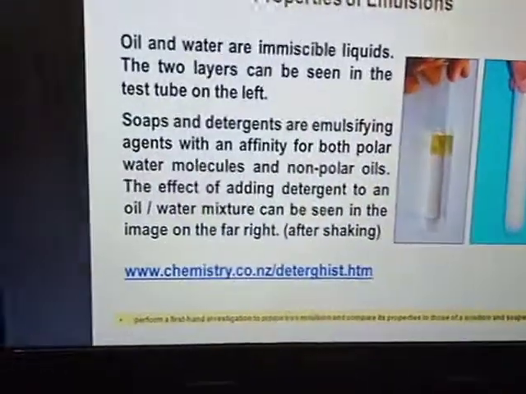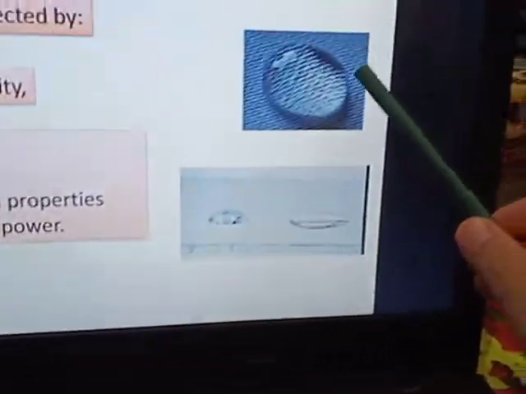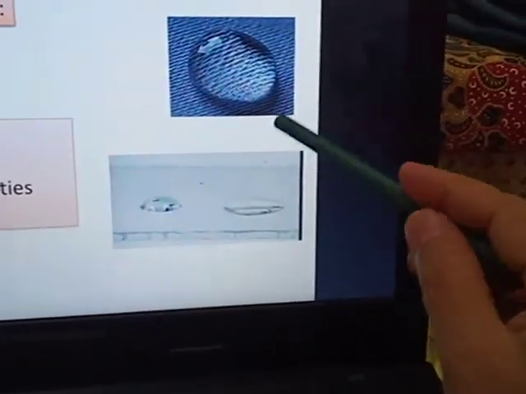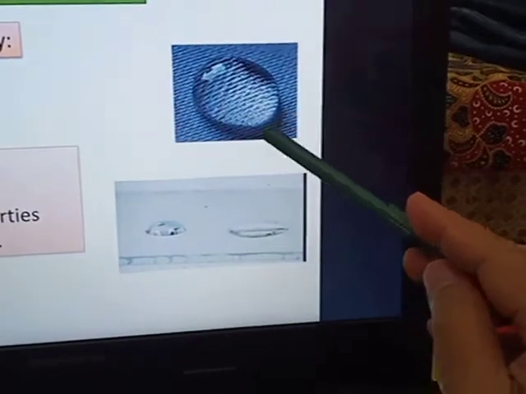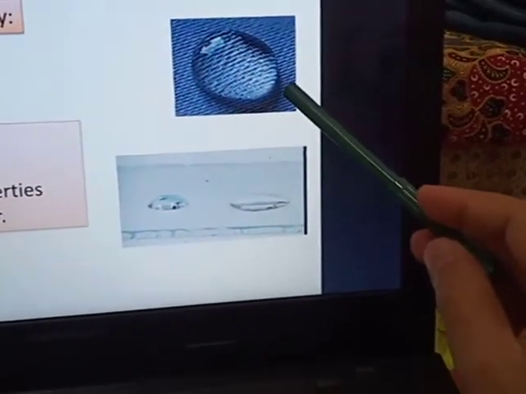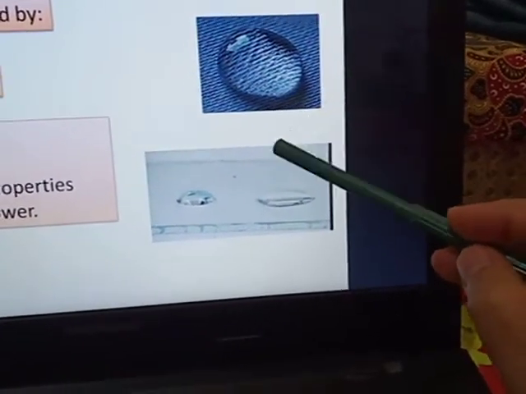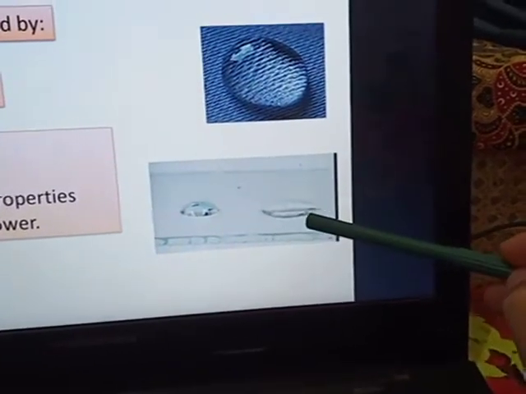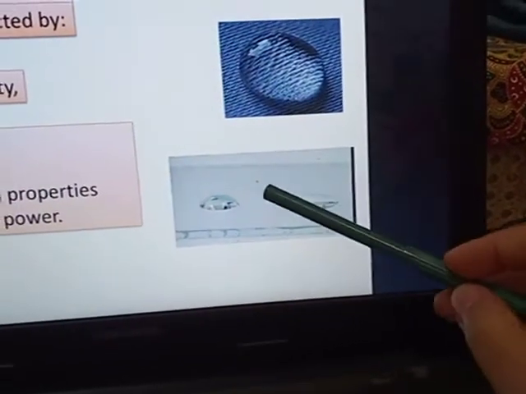Now, if you look at this water droplet, you can see that it is not being wetted onto the surface. So you need to put in the detergent, and then the droplet will be wetted and dispersed onto the surface.